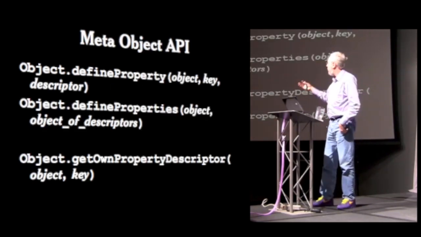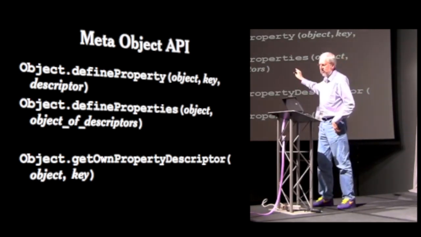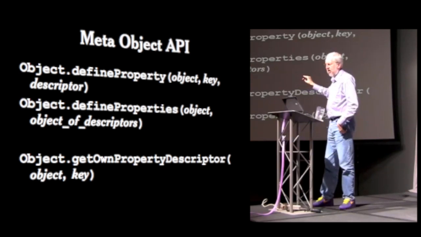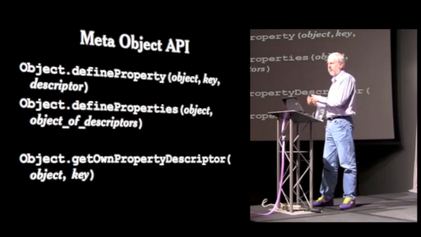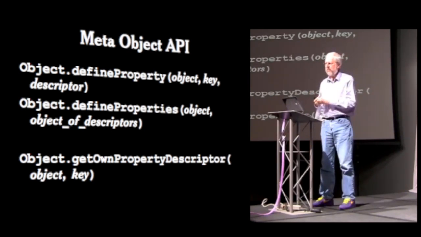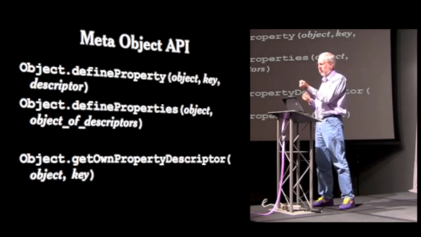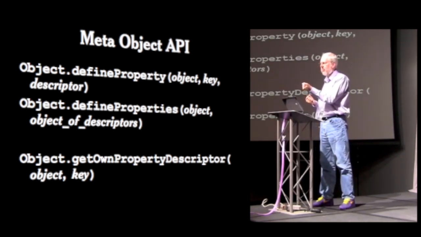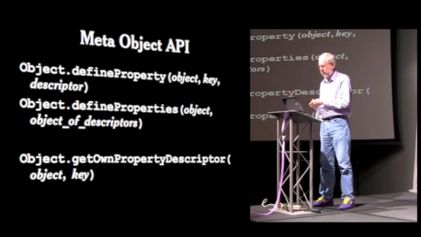So this then is the new meta object API. We've got defineProperty, which you just saw. We also have defineProperties, plural, which takes an object of descriptors, so you can set a lot of these at once. So the object of descriptors has a key for each property that we want to set, and a descriptor which is a separate object which describes what it's going to do.